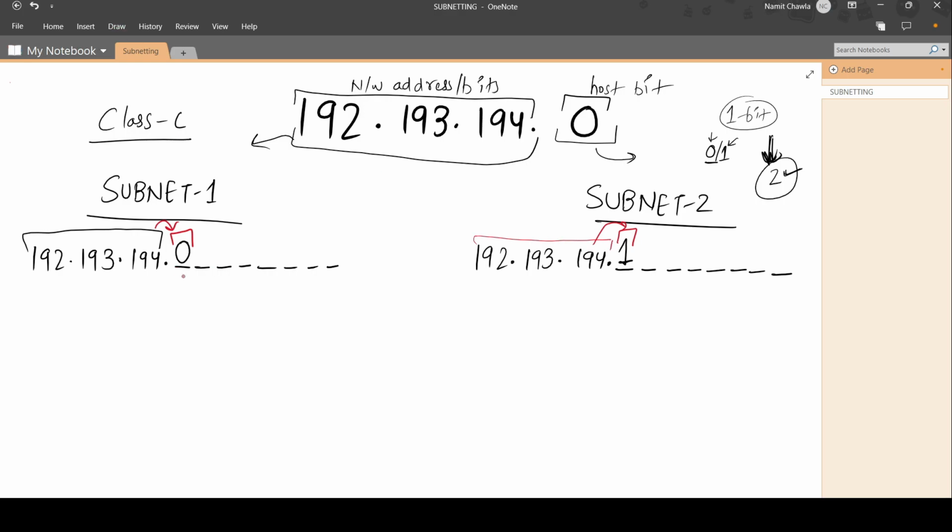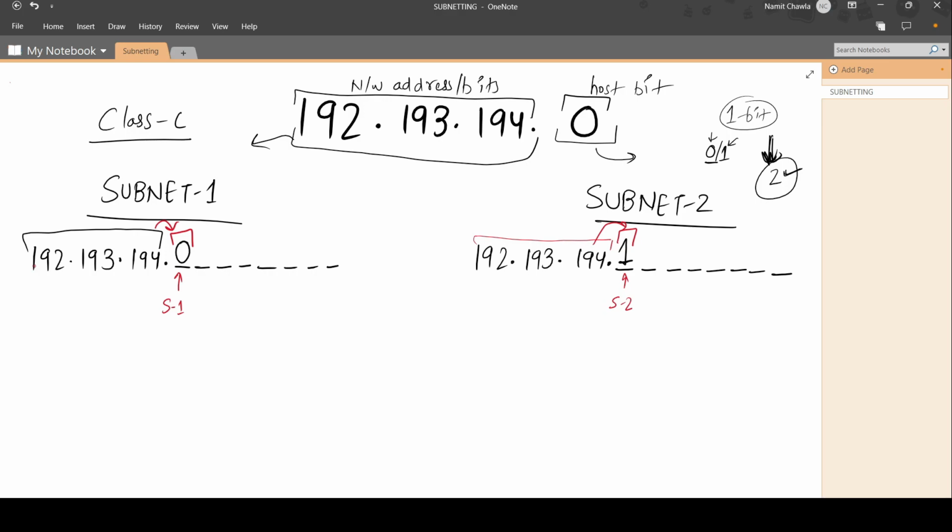Now whenever this MSB bit from the host ID is 0, I am talking about subnet number, let's say 1. Whenever this MSB bit from the host ID is 1, I am talking about subnet 2. Okay, I hope it is clear.